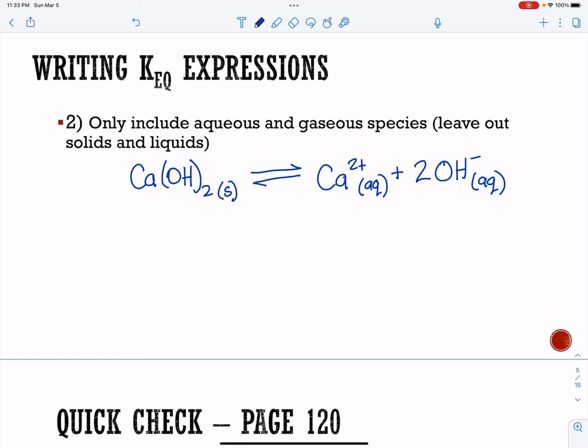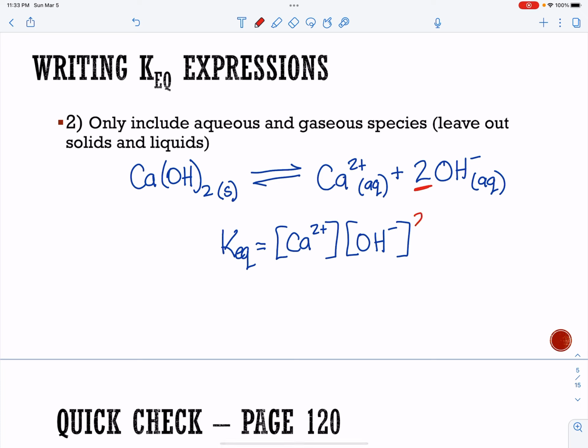So when we write a KEQ expression for this reaction, we're going to put our products over reactants, but this time we're going to leave out the reactants because they're solid. And again, just like our last rule, that coefficient becomes a power in my final equation there.